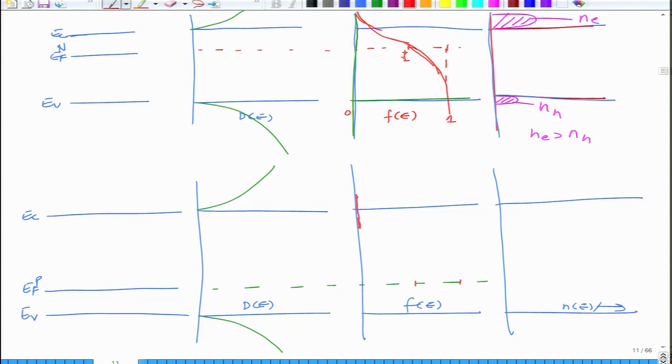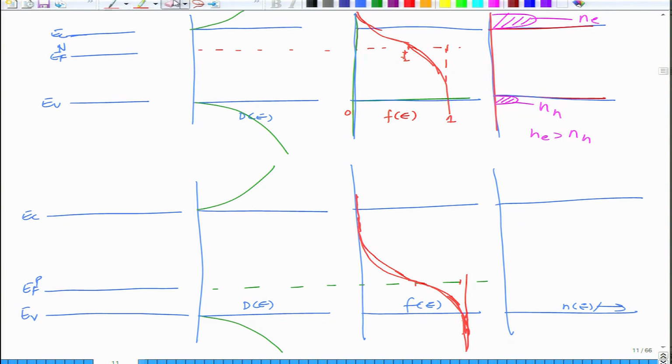So, it will go something like this, in this fashion. So, it will have more area. This is 1. So, it will have more area here, but it will have no area on the other side. In fact, I have not drawn it very well, but it would be something like this. Okay. So, there will be some area on this side.